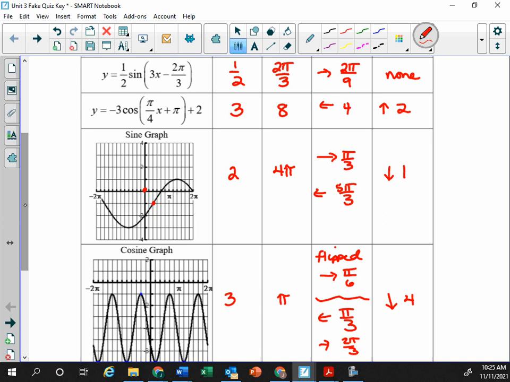Each tick mark is pi over 6, so it's gone 2 tick marks over, so it's gone pi over 3. That is 5 pi over 3, because if you're all the way over here, that's 1, 2, 3, 4, 5, 6, 7, 8, 9, 10 over 6, which is the same as 5 pi over 3.